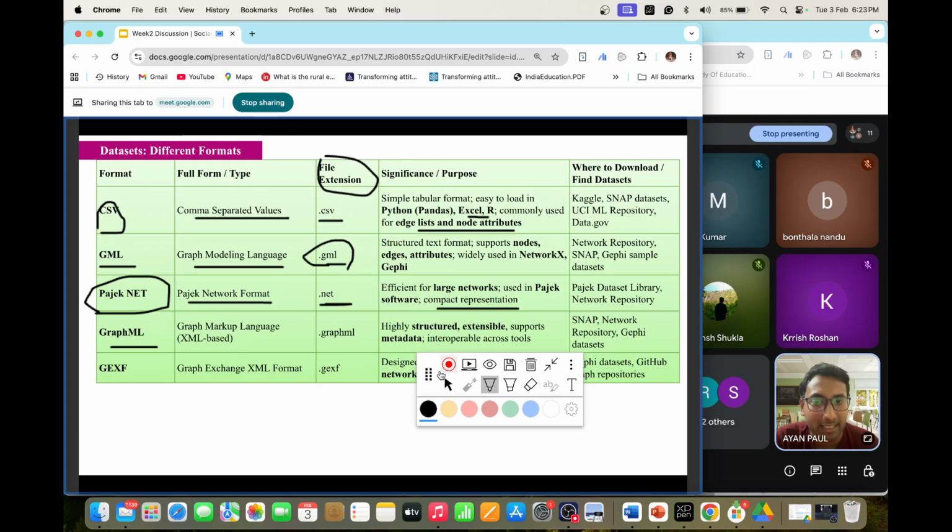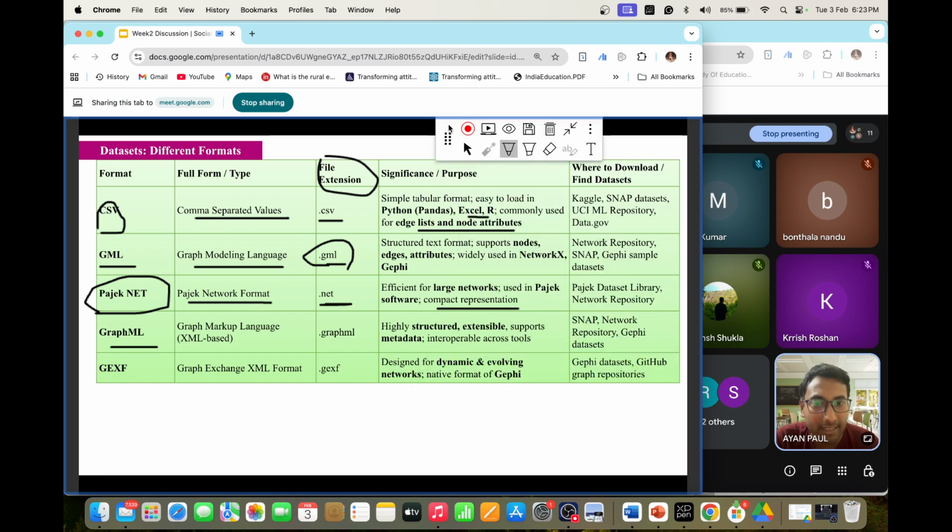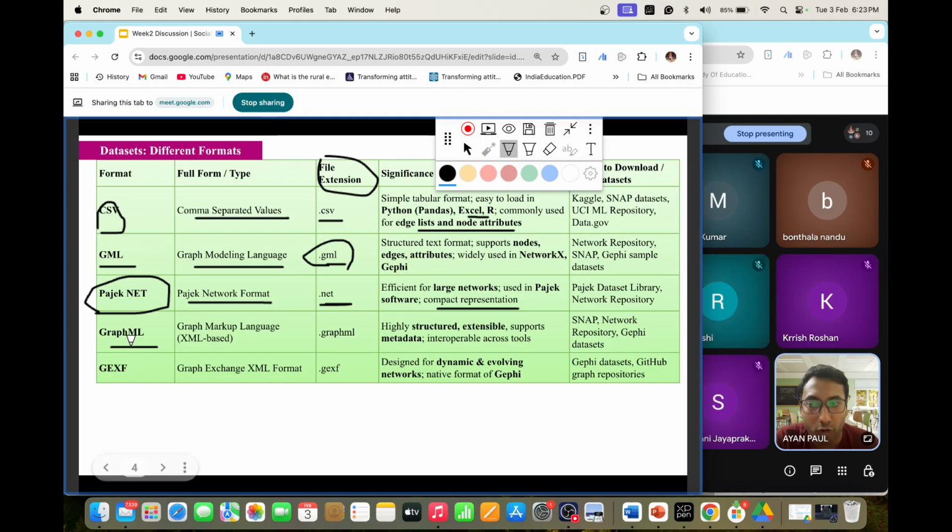It is highly structured and extensible, supported by SNAP and Network Repository, supports metadata, and interoperates across tools. So this is the fourth format. And then you have the GEXF format, Graph Exchange XML Format, designed for dynamic, evolving networks, and the native format of Gephi.